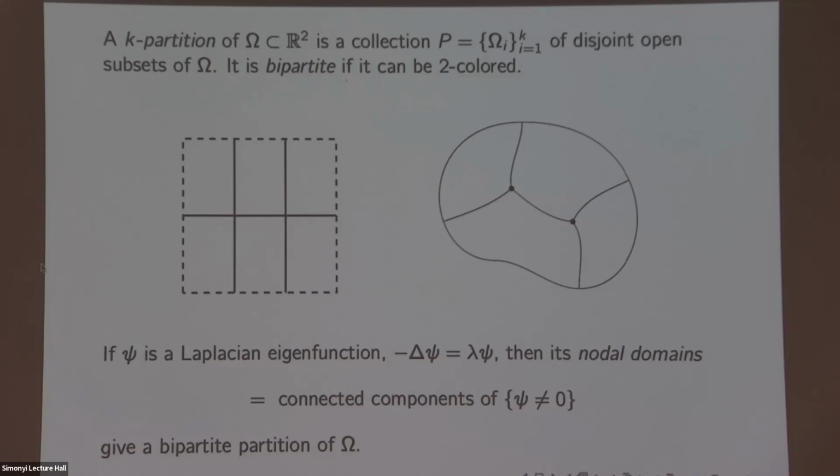And on the interface between two of these sets, so if I have a zero for my eigenfunction along some curve, it has to change sign going across that curve. I can't have two positive nodal domains adjacent, otherwise that would violate unique continuation. So an eigenfunction always changes sign across its zero set, which means this nodal partition coming from an eigenfunction is necessarily bipartite.